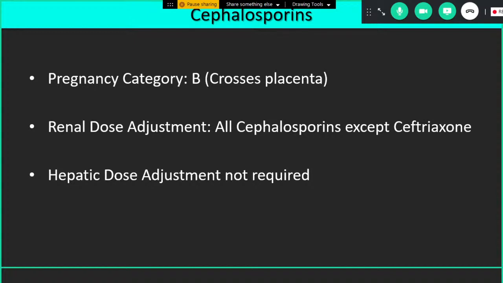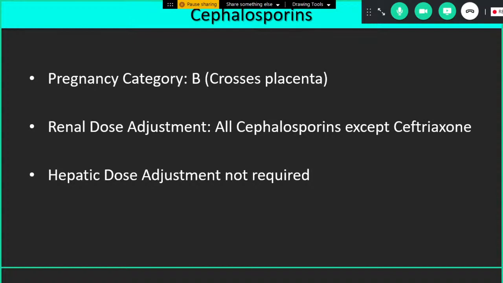There is a huge number of cephalosporins in this group, and they have a spectrum of activity from the first generation to the fifth generation. The gram positive activity is decreasing, and the gram negative activity is increasing from first to third generation.